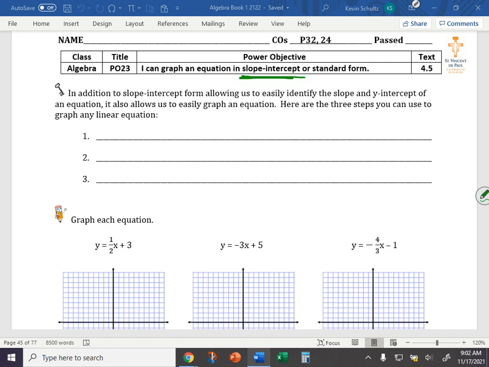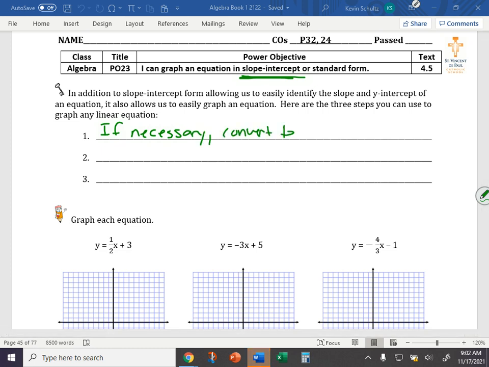Because what two things does slope-intercept form give us? The slope and the Y-intercept. That's all you need. So, here are 3 easy steps you can use to graph any linear equation. Step 1, which is another if necessary step.